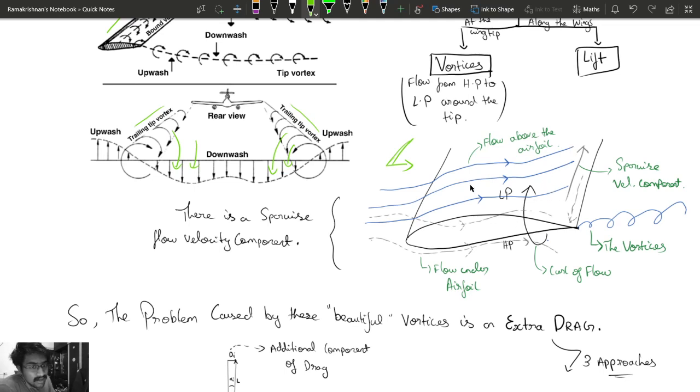So apart from the normal flow direction over the airfoil, we also get a span-wise component of velocity along the airfoil, and this disturbs the existing pressure distribution on the airfoil, which is responsible for generating lift, and we'll generally see a lower lift generated, which we can also interpret as due to an extra drag, which is called the induced drag.